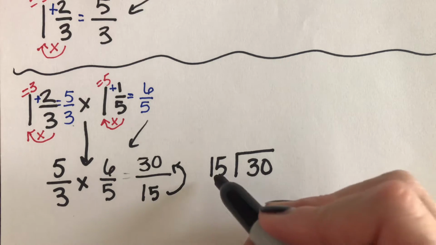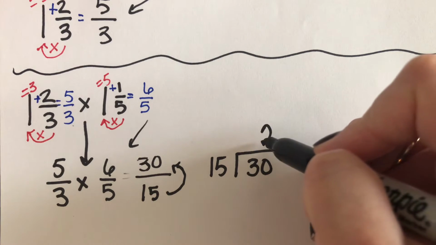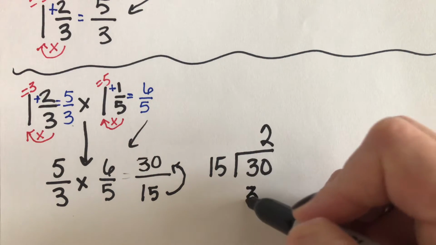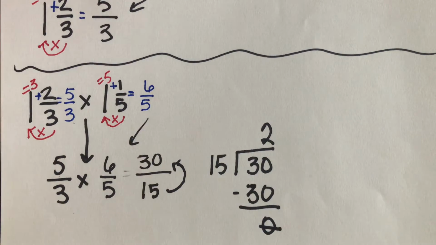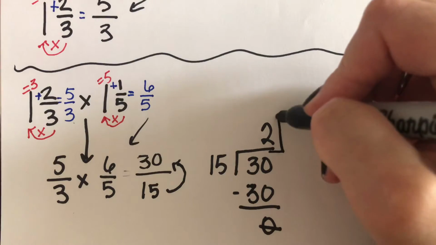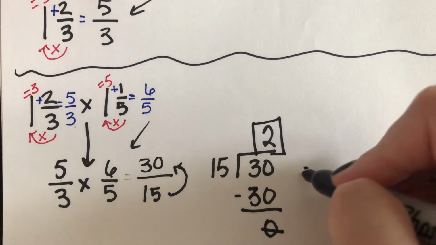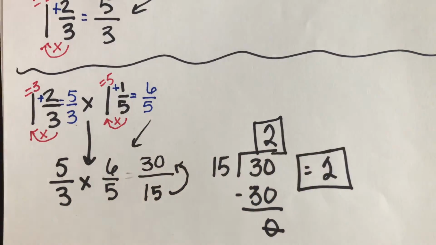Well, 30 can be divided by 15 2 times. 2 times 15 equals 30. And I subtract, I'm left with none, so my final answer is 2, which is just a whole number, but that's okay. We don't have a fraction, but that's okay.